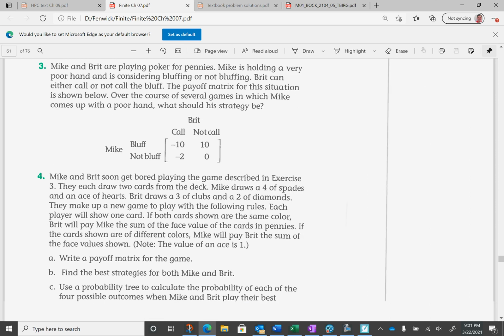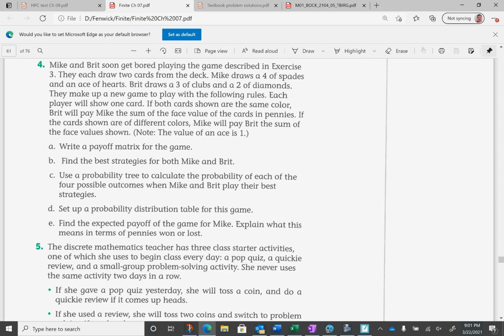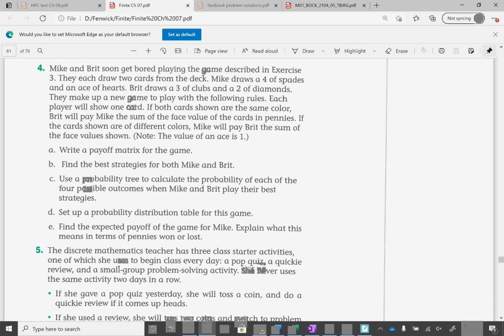Mike and Britt soon get bored playing that game. They each draw 2 cards from the deck. Mike draws a 4 of spades and an ace of hearts. Britt draws a 3 of clubs and a 2 of diamonds. Then make a new game where each player will choose 1 card to show.